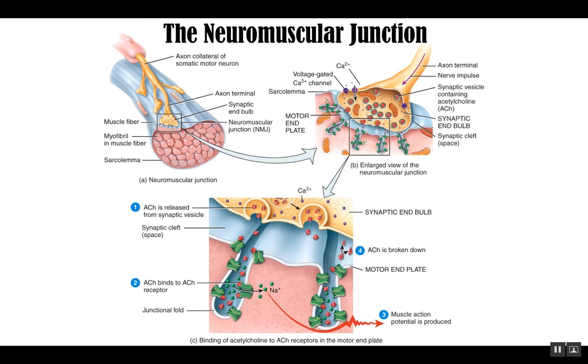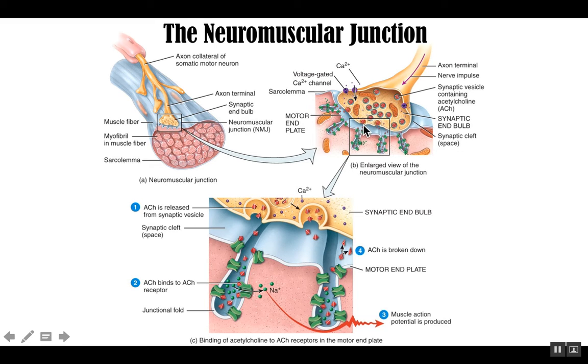It is the chemical messenger that gets released from the neuron in order to tell the muscle cell it's time to contract. When these synaptic vesicles get enough calcium, they attach to the membrane and release the neurotransmitter in a little space in between the neuron and muscle. That space in between the neuron and muscle is called the synaptic cleft, or synaptic space.